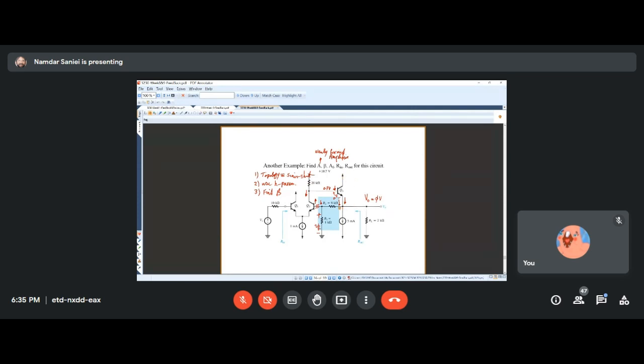And here it is. You see, this is like RE2, and this is RF and RE1. So if we weren't taking the output from here and we were taking the output from the collector, this is exactly that same circuit.